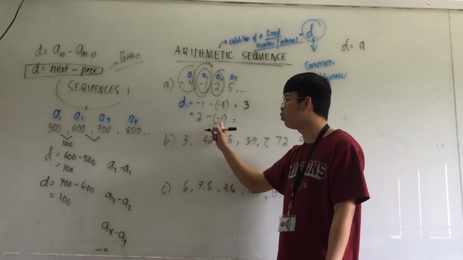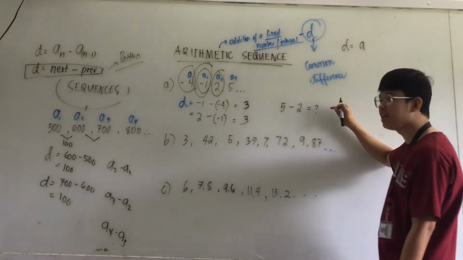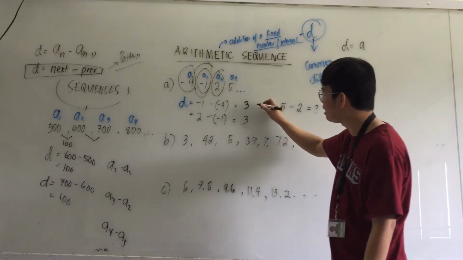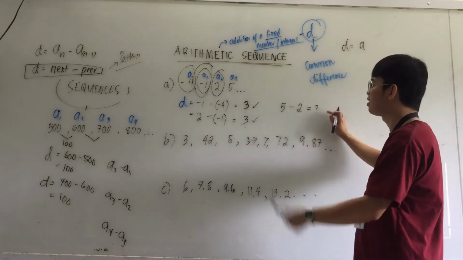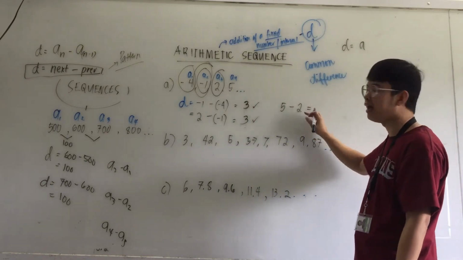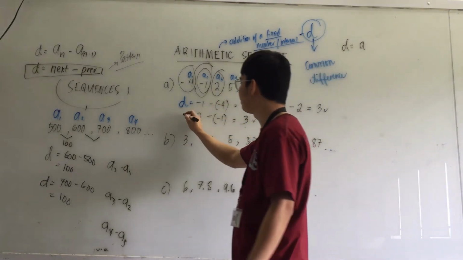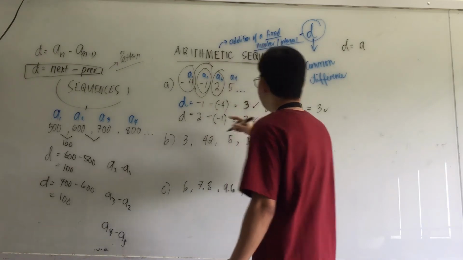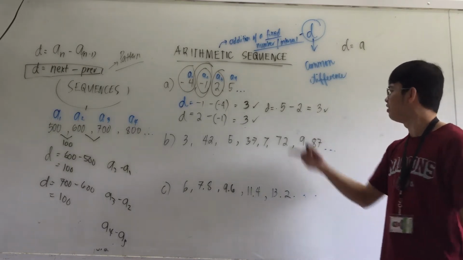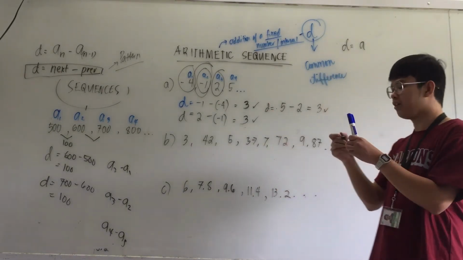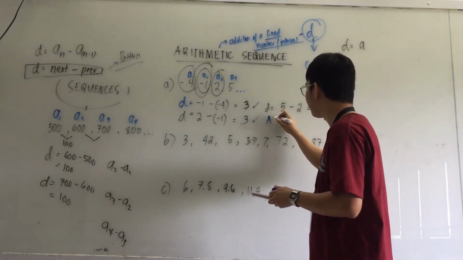This becomes 2 plus 1, which is also 3. So this is 3 already. Let's check. Of course, 5 minus 2 is simply 3. Since your differences are equal, therefore it is common. If that is the case, then this sequence is arithmetic.